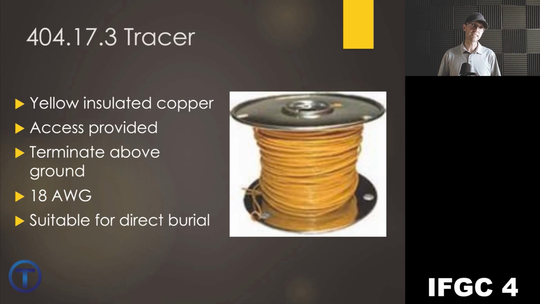Now the wire specifically has to be 18 gauge and suitable for direct burial. Now as plumbers, we may not know a whole lot about wires, but please know that there's a lot of different types of wires out there that are used for electricity. Some are okay to bury below ground and some are not. And that's why these are specifically going to need to be direct burial tracer wires.